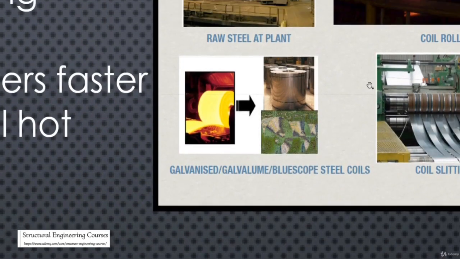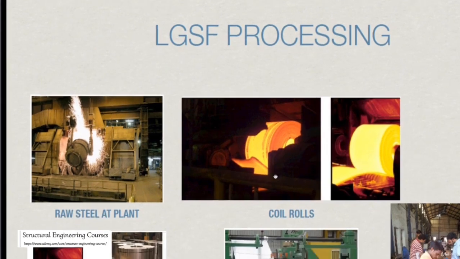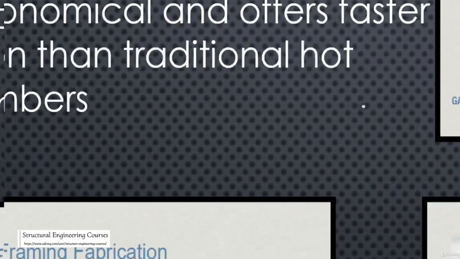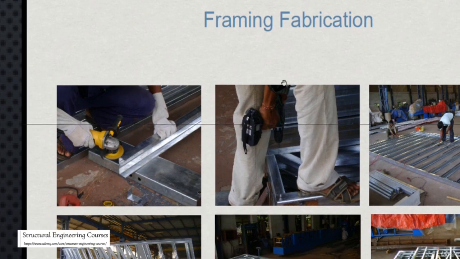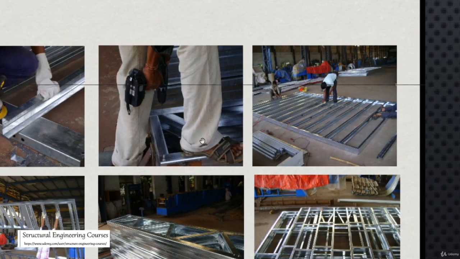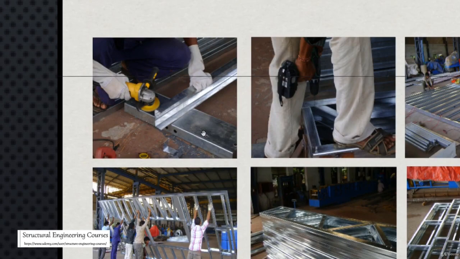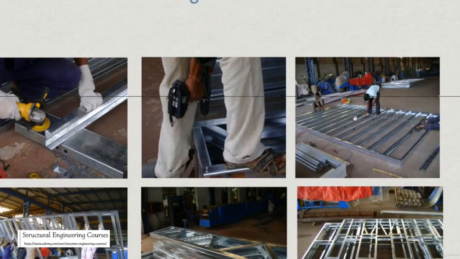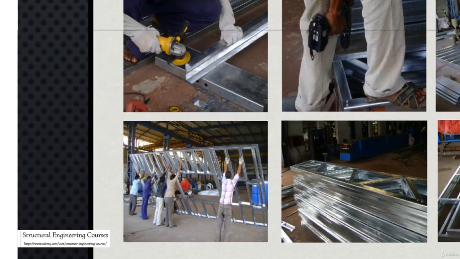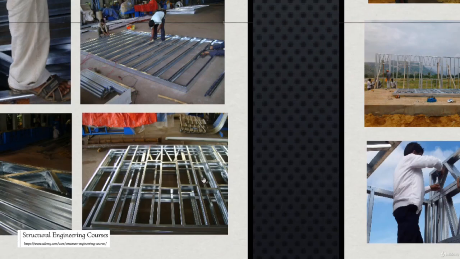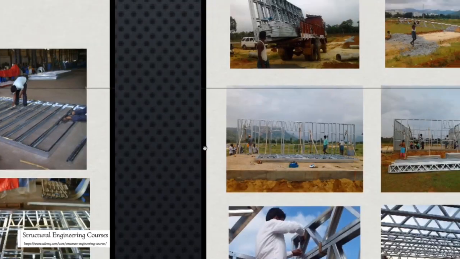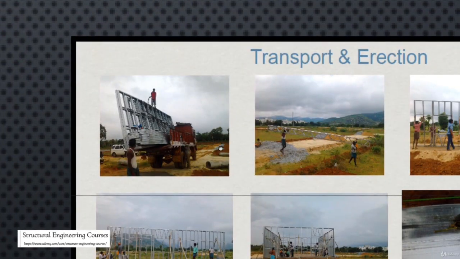This was the part where we learned how to process light gauge steel structural sections. Here is the framing fabrication, after we have made them. They are joined, stacked over each other, and then transported to the site.